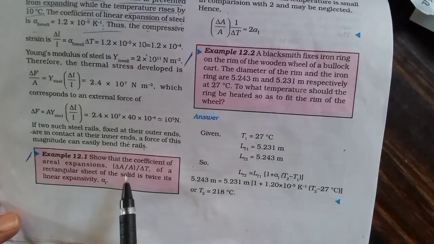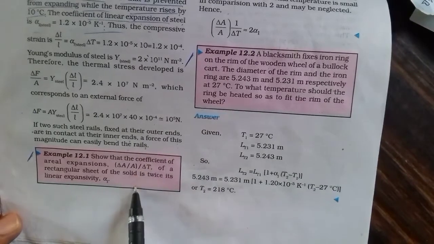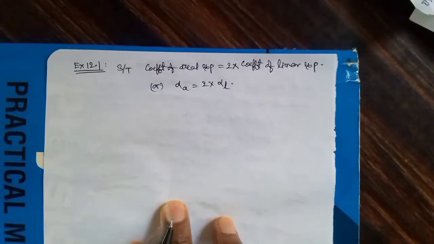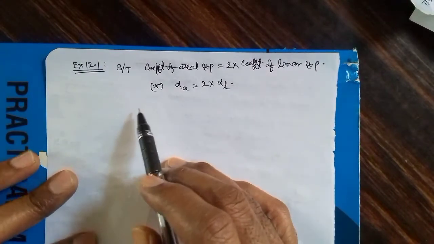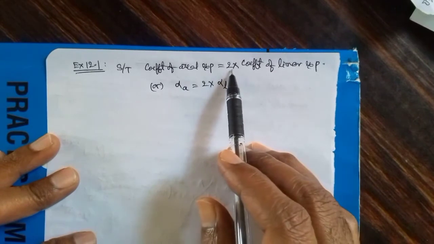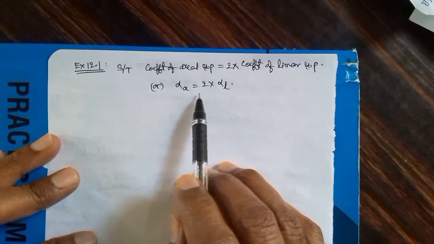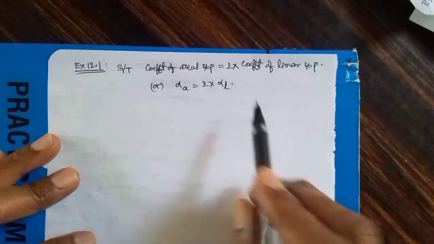So we have to show that the coefficient of areal expansion is 2 times the coefficient of linear expansion. That is alpha A is equal to 2 into alpha L.